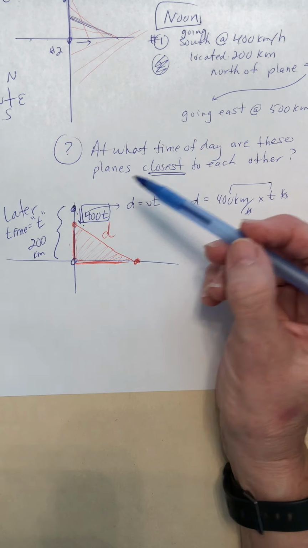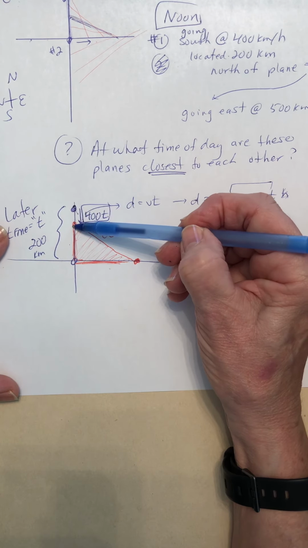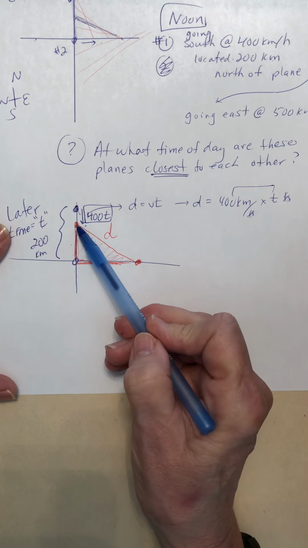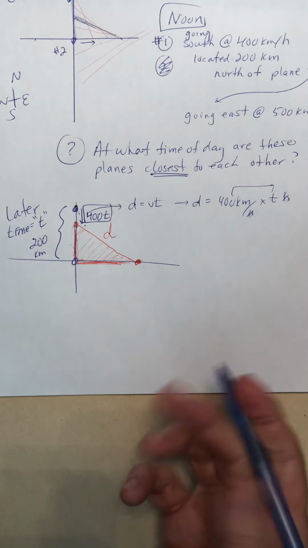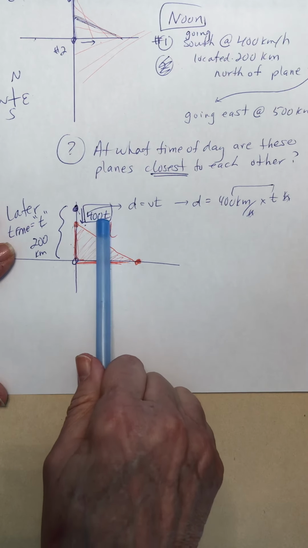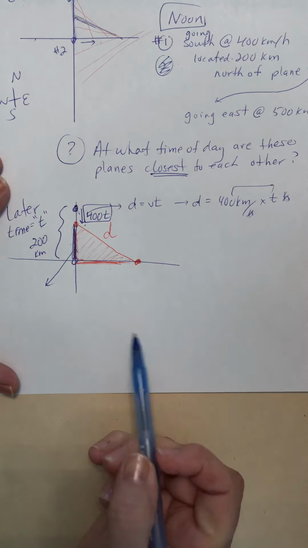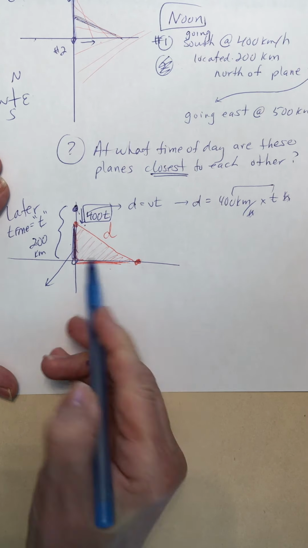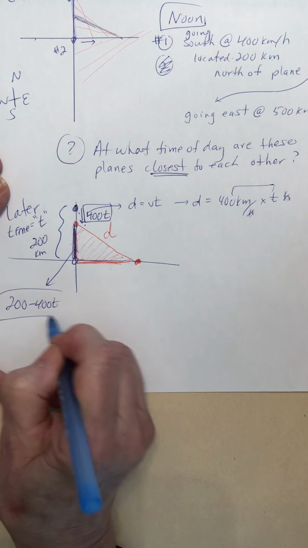I would much rather it say 50 kilometers, because if this has gone 50 kilometers and I knew the whole distance was 200, I could go 200 minus 50 and say this is 150, but I can't. All I know is this distance is 400t, so I'm stuck with it. So what is this distance of my triangle? 200 minus this. That will give me this distance. So 200 minus 400t.